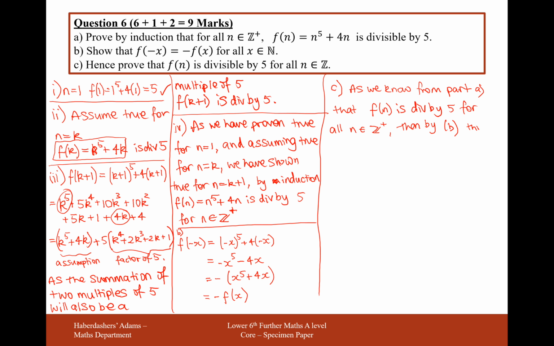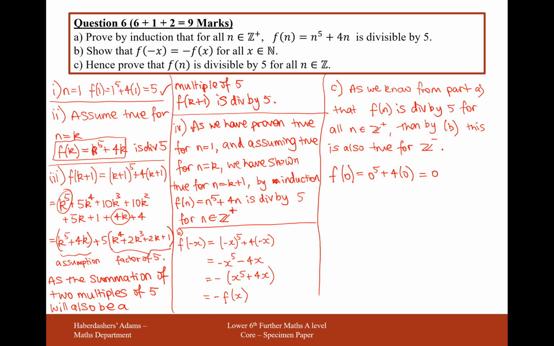this is also true for Z in the negatives. All we just need to do now is just finish off for the 0 one, because we never actually did the 0 one. F of 0 equals 0 to the 5 plus 4 lots of 0, which is 0.